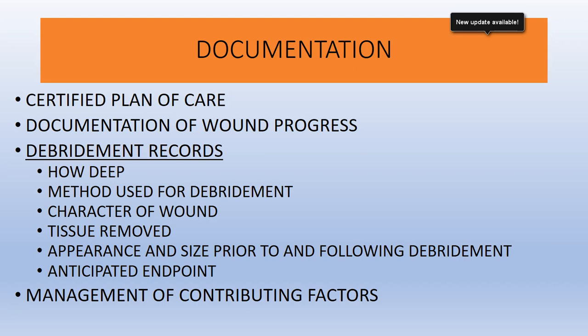Debridement is billed by the depth of the wound, and your record should include how deep the debridement was performed, not how deep the wound, but how deep the debridement. What method was used for debridement, the characteristics of the wound, the tissue that was removed, the appearance and size of the wound prior to and subsequent to that debridement, and your anticipated endpoint.